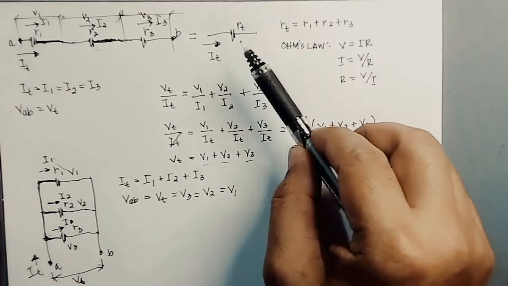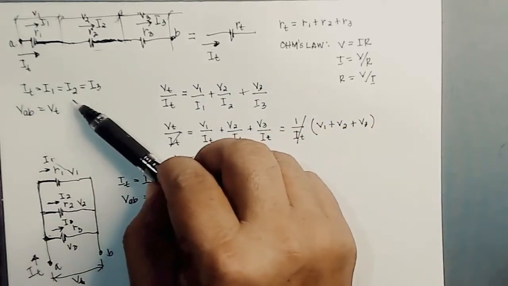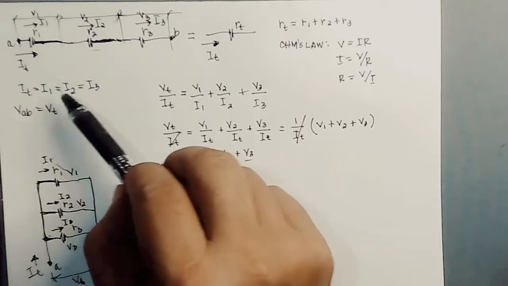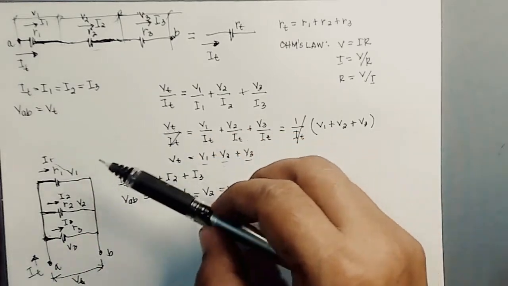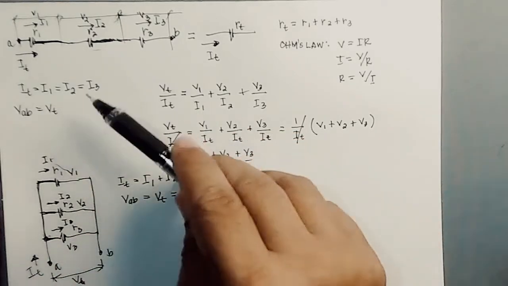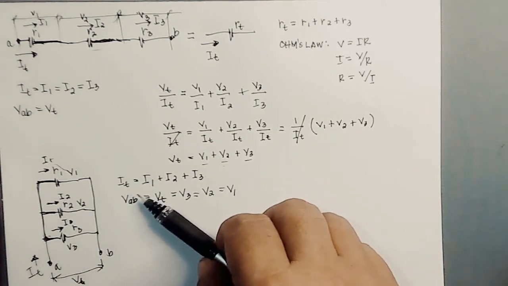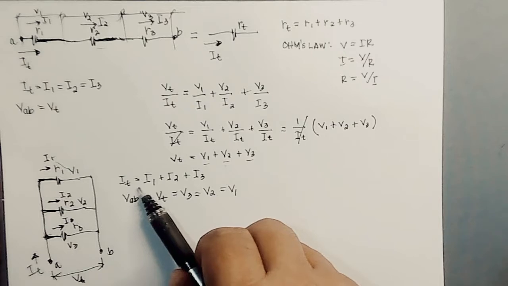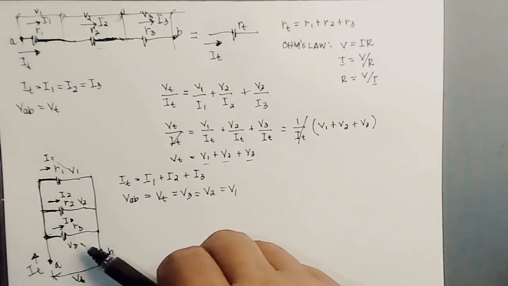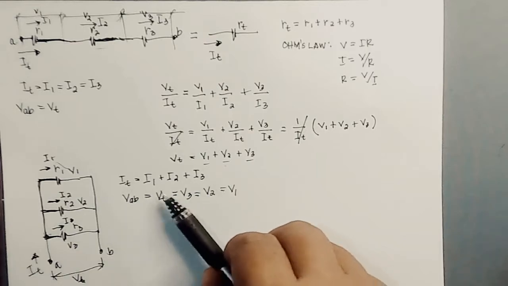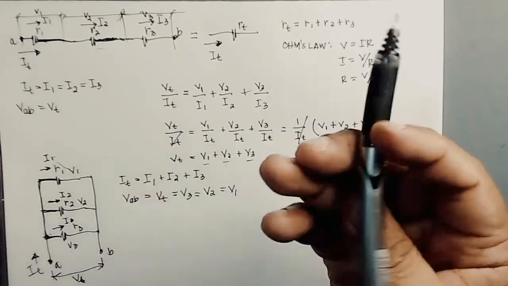But here in the series, the current is equal. The currents at R1, R2, R3 are the same. So here in the parallel we have a different idea. The current here is the summation of the currents at R1, R2, and R3. So it will be added. So that is the difference between the two.